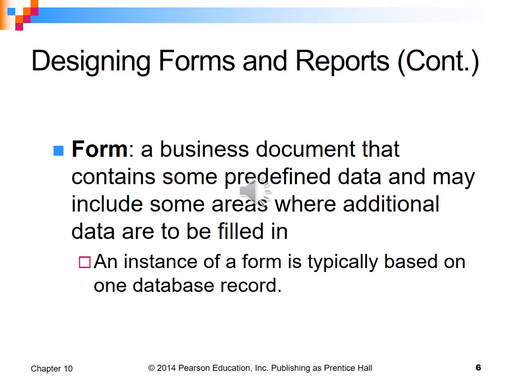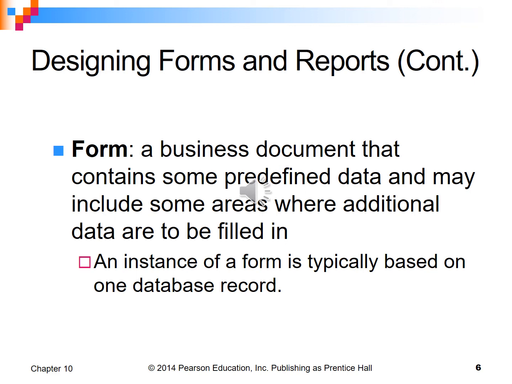What do you mean by a business document that contains some predefined data? The form is like, if you want to enroll yourself in a university, or you want to apply for any kind of job, they give you a form. The form has some predefined data, like the name, but you have to fill in the information.